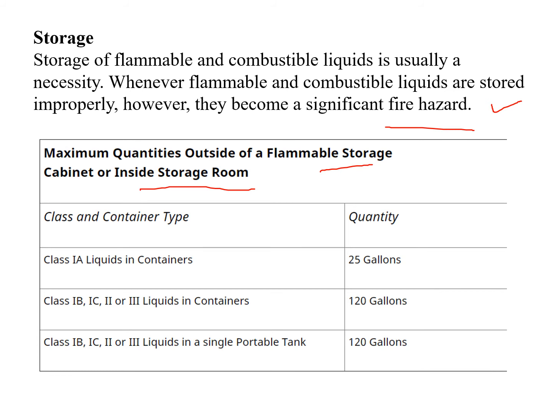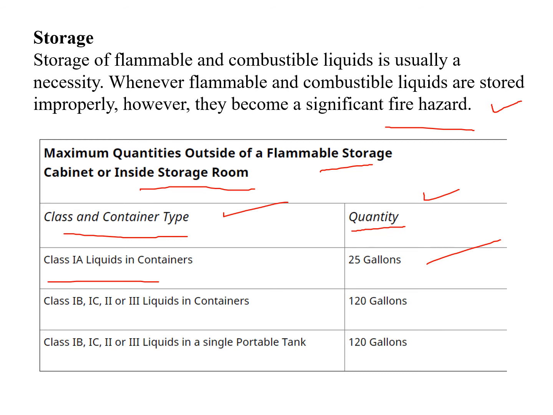So for that purpose, of course, the class and the container type are very important, as according to their container type or class, that particular container contains a particular quantity of liquids. For instance, you can see class 1A liquids containers can contain a maximum of 25 gallons of liquids.